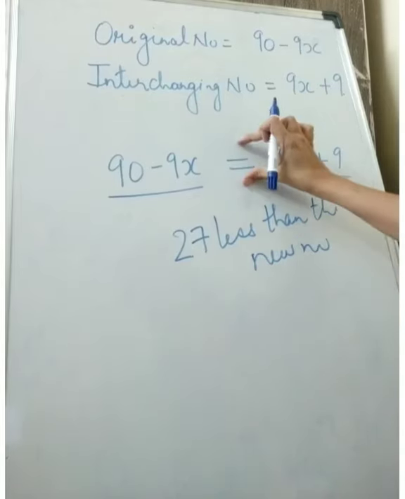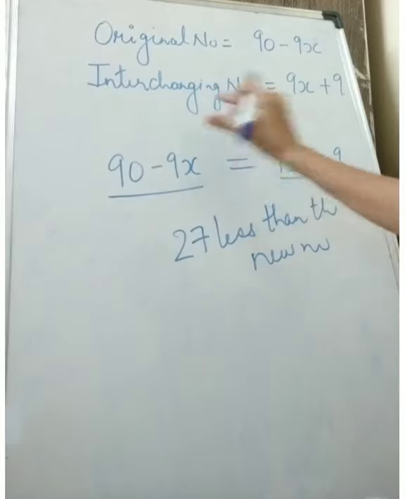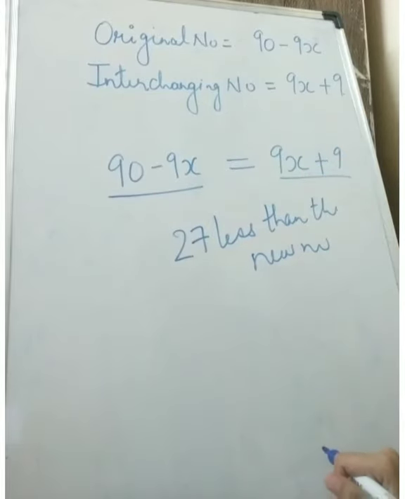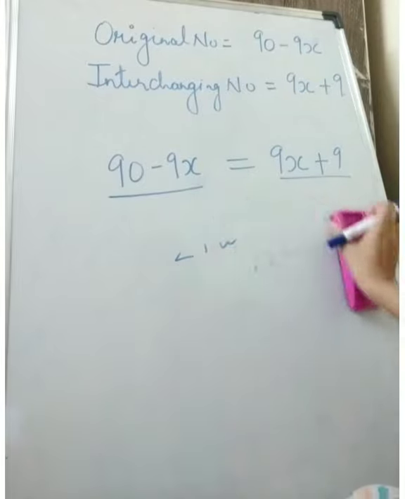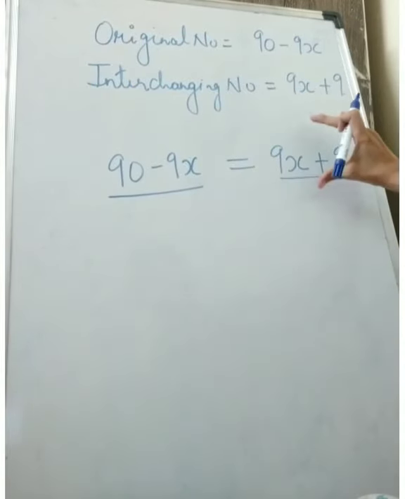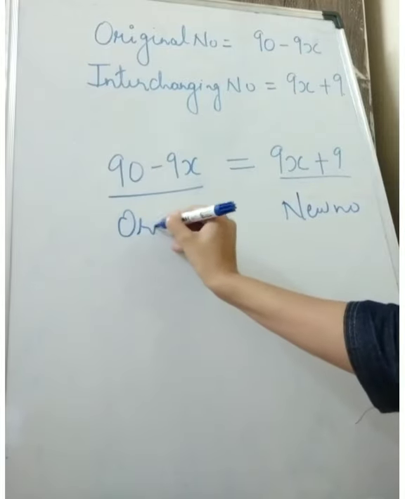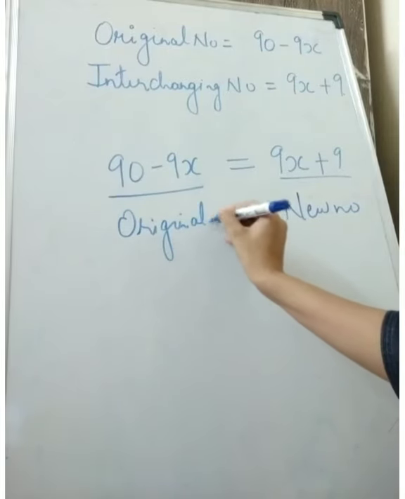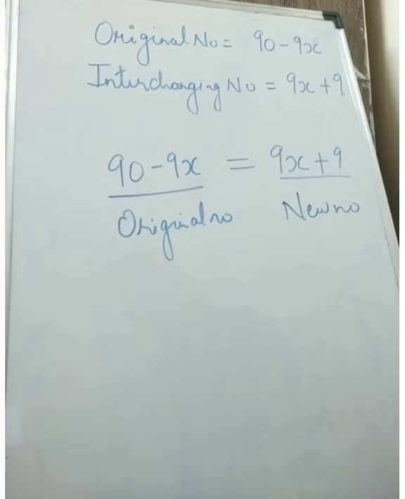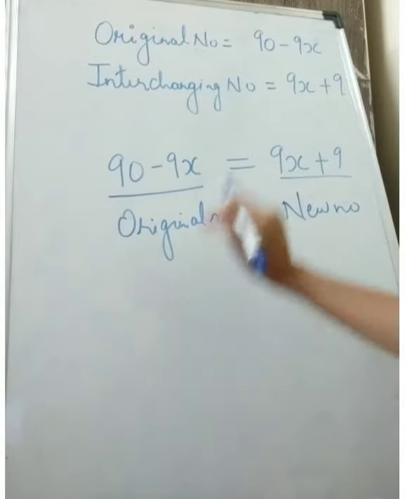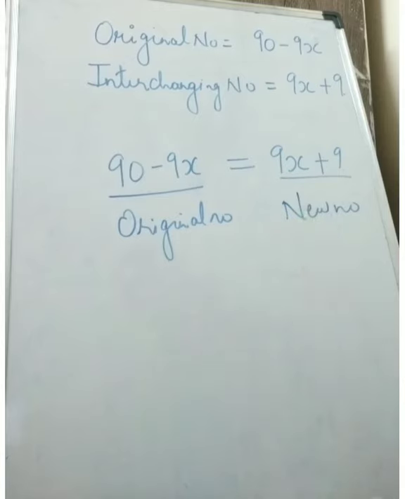But here, as the equals sign is there, both sides should be equal. So what we are going to do, as it is given in the question, this is the new number and this is the original number. The new number is 27 greater than the original number. It means the original number is 27 less. So we have to balance the equation.